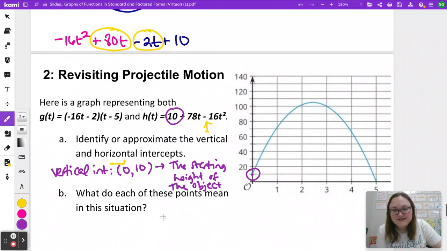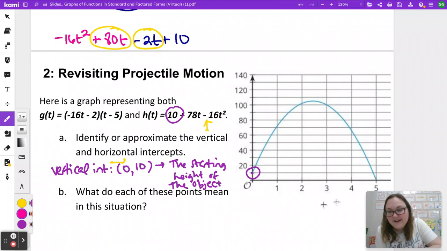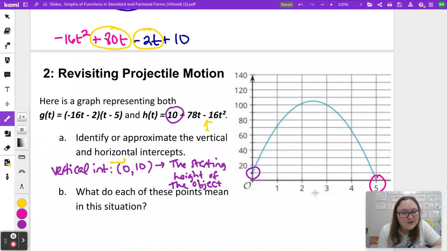Our other intercept, looking at the graph, is right here at the number 5. If we did not have this graph, how could you find that? Using factored form. We've got 2 factors here. If you set t minus 5 equal to 0 and solve it, it gives you t equals 5. Now I see there's 2 different factors here for us to set equal to 0, but my graph is only showing 1.